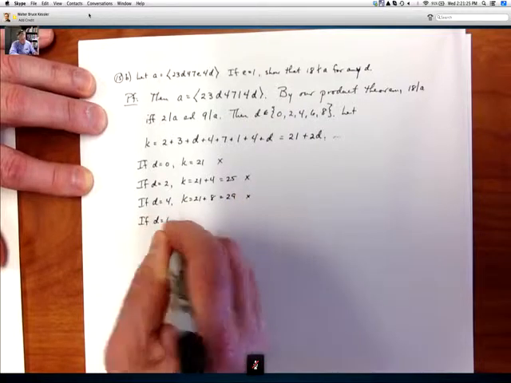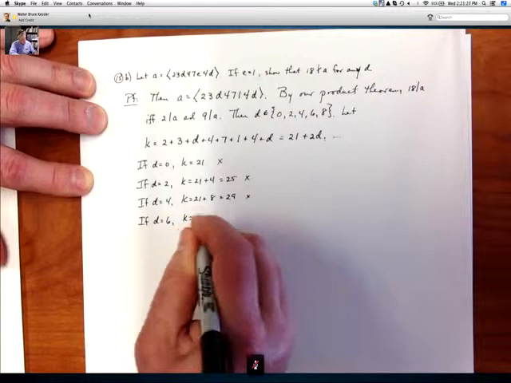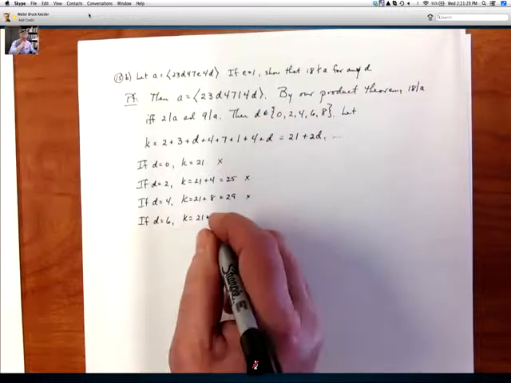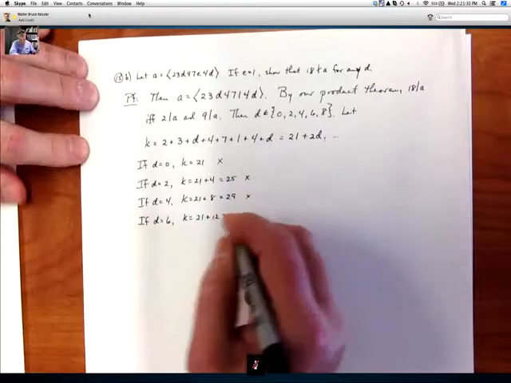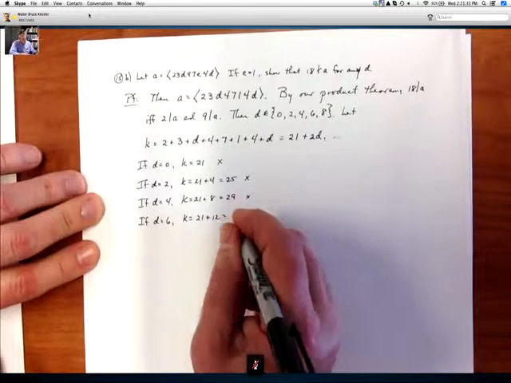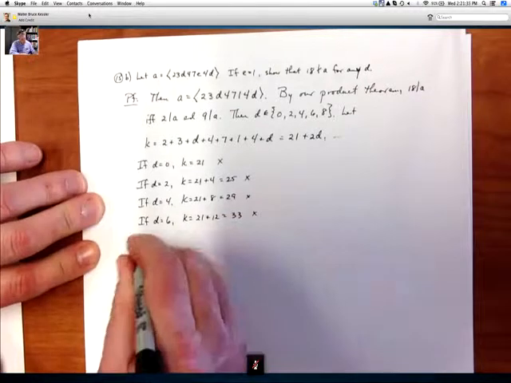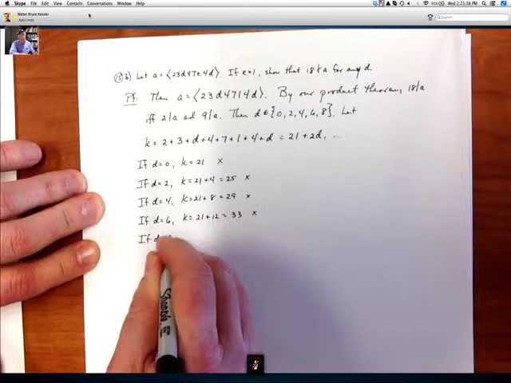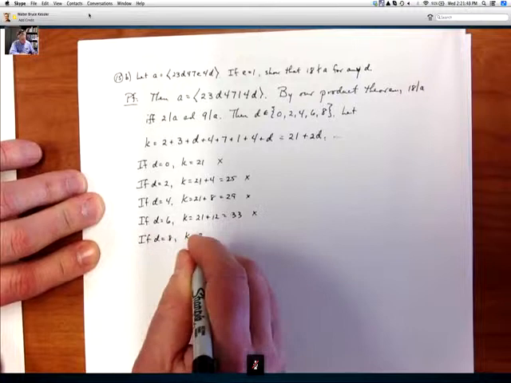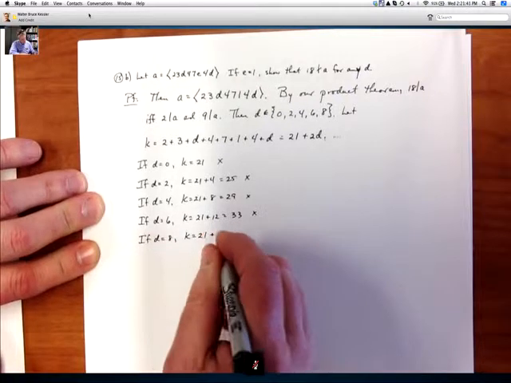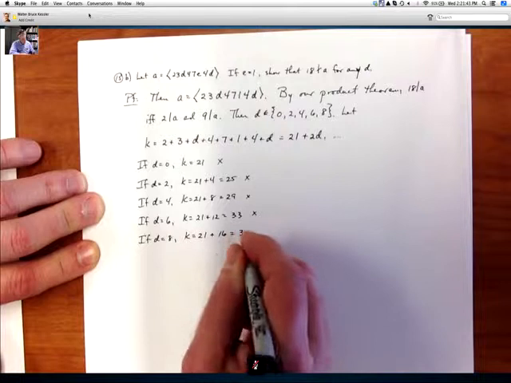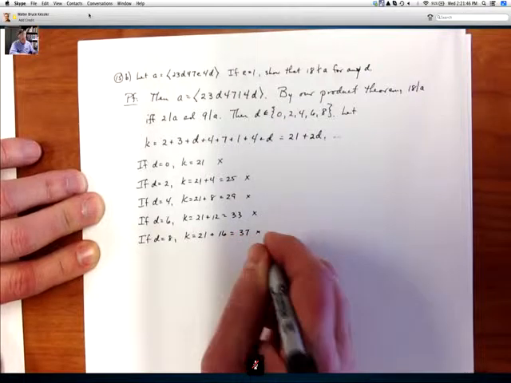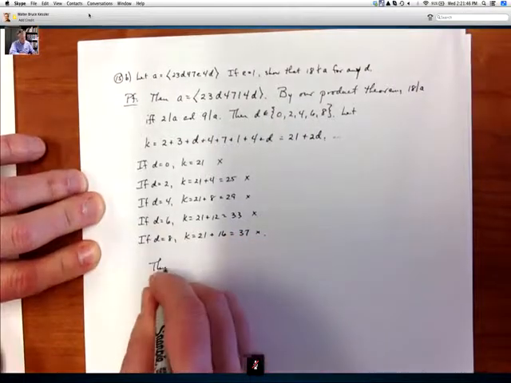Nope. If D equals 6, K equals 21 plus 12, which is 33. Nope. And if D is 8, K is 21 plus 16, 37. Nope.